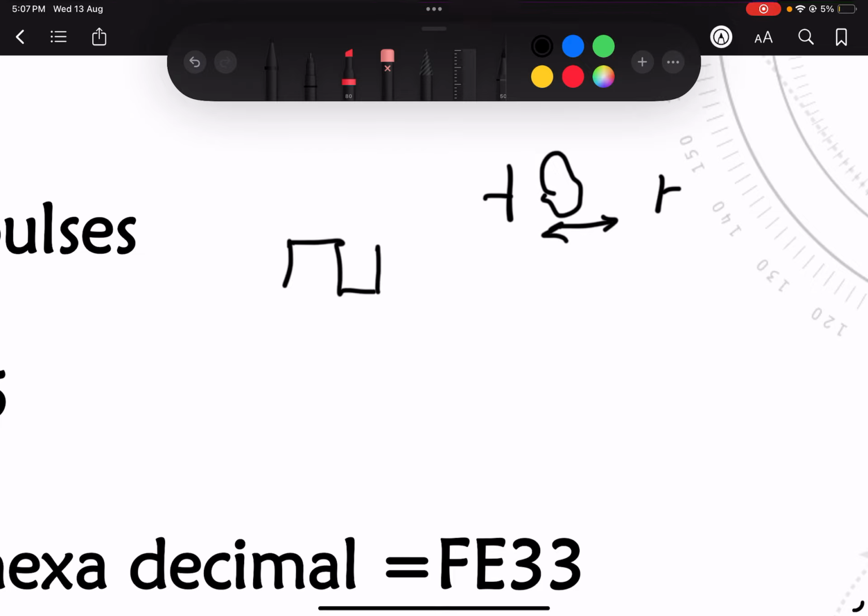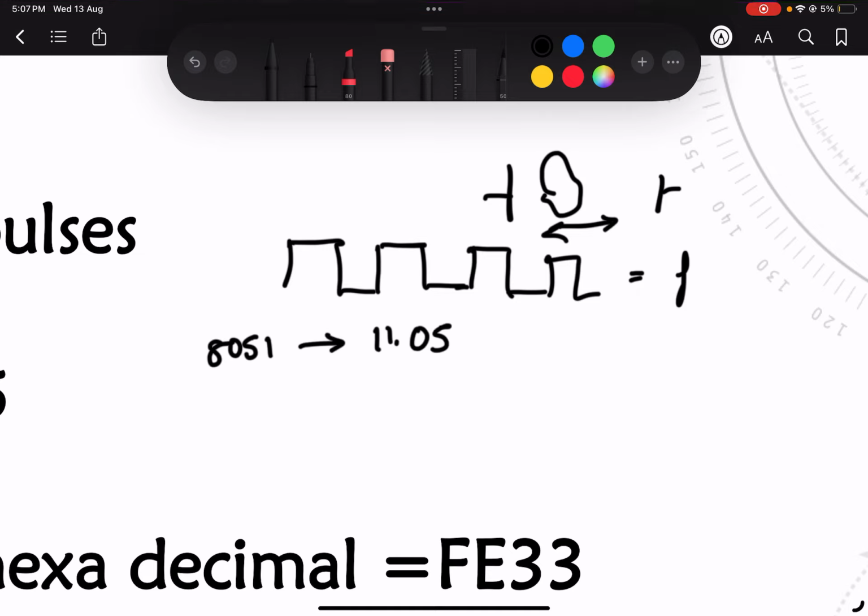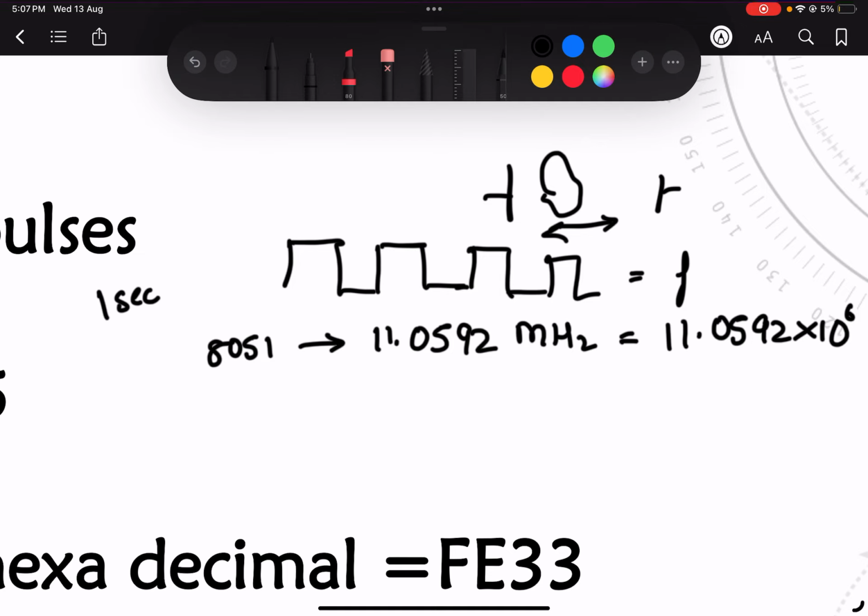This signal has some frequency f. In the case of 8051, it's usually 11.0592 megahertz. What this value represents is that in 1 second, the crystal of an 8051 vibrates these many number of times.